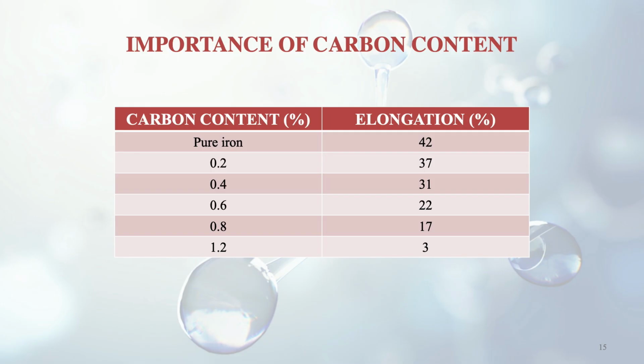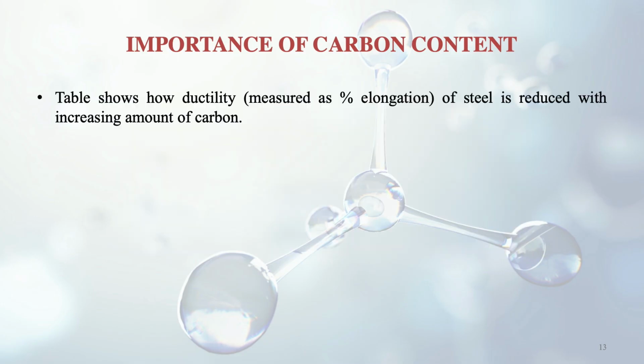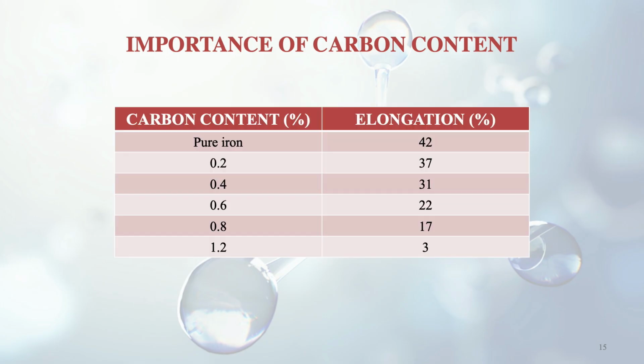Now in the table you can see how ductility, which is measured as percentage elongation of steel, is reduced with increasing amount of carbon. See here, pure iron, its elongation is around 42%.